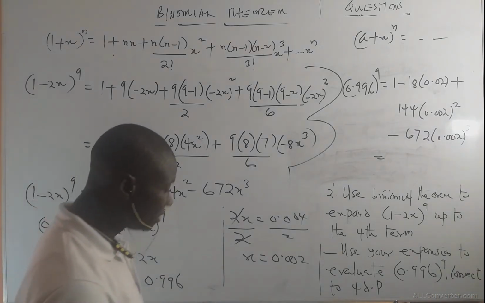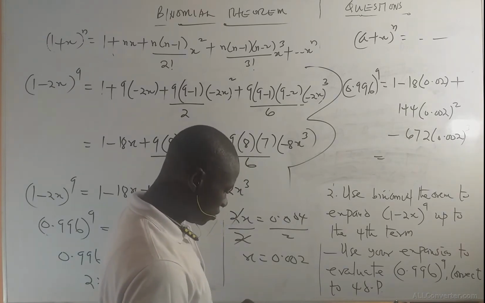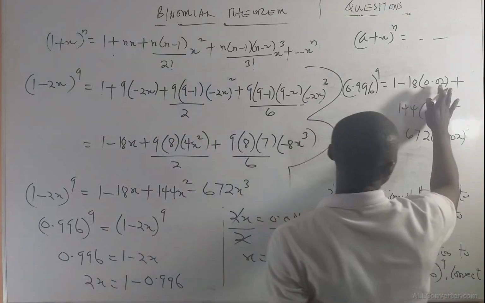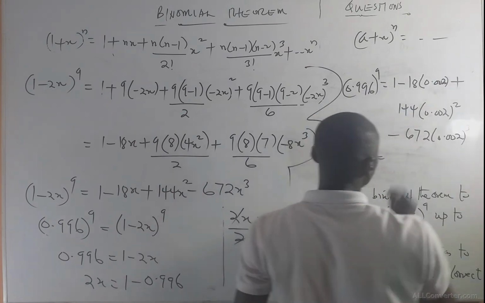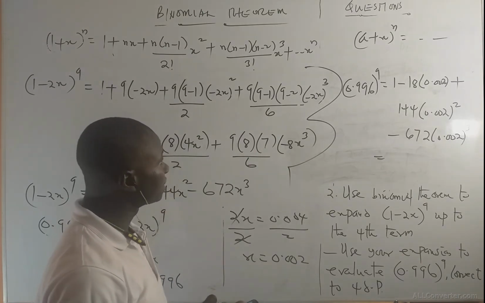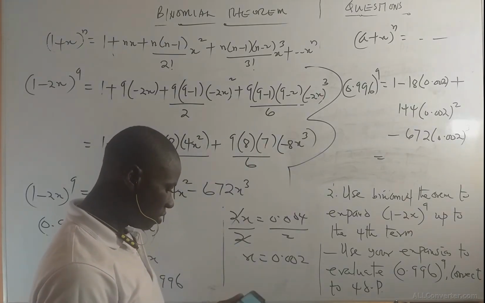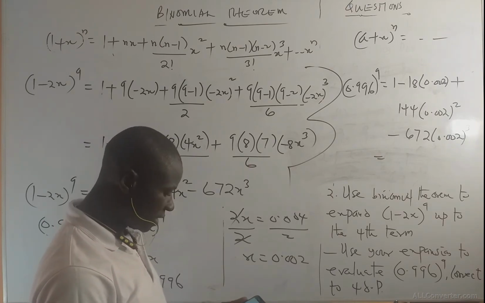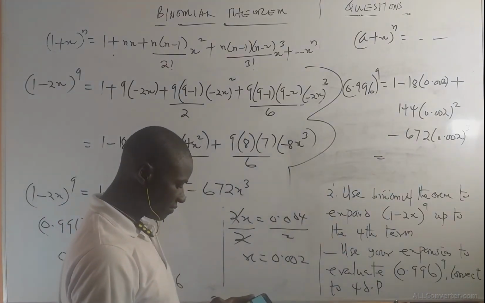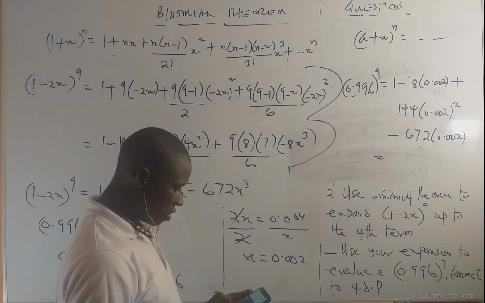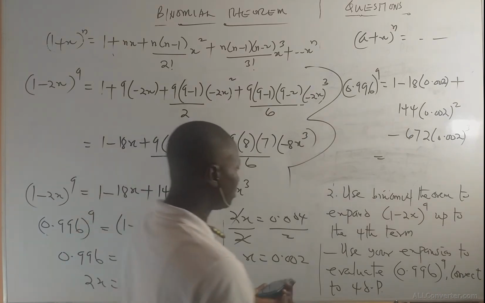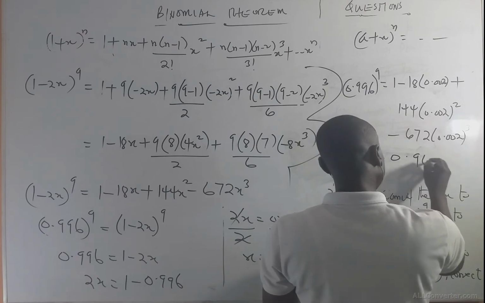So 1 - 18 times 0.002, plus 144 multiplied by 0.002 squared, then minus 672 multiplied by 0.002 exponent 3. And in doing that, you have 0.96457.